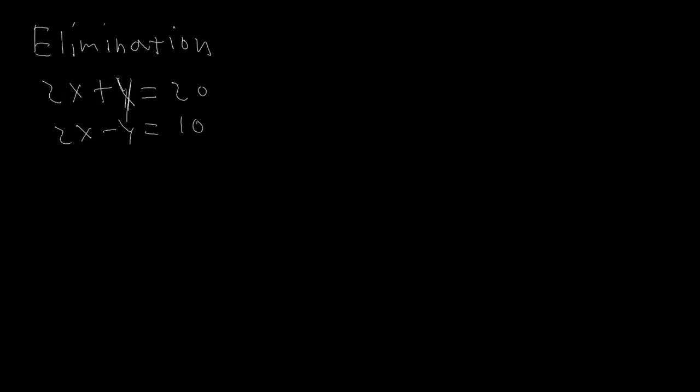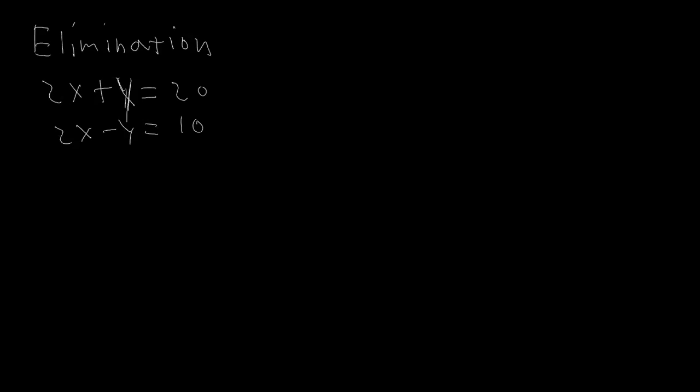Okay, and in this case here, we're pretty lucky because in this elimination method, what you're trying to do is manipulate these variables right here, or here, in order for one of the variables to cancel out so that you'll be left with one variable on the left side. And in this case, y minus y is equal to 0, right? And then 2x plus 2x is equal to 4x.